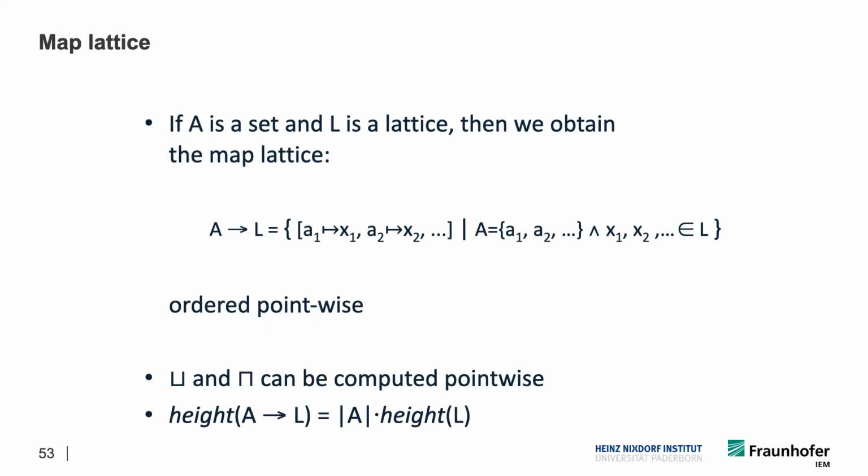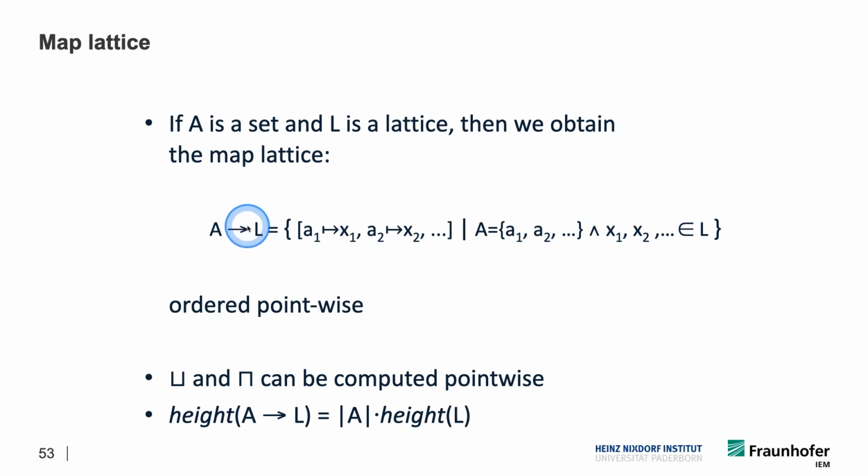We've also already talked about mappings, and you can actually very naturally form a so-called map lattice. So if A is a set and L already is a lattice, then you can obtain such a map lattice that maps from elements in A to lattice elements, right? So basically you have such a mapping here. And this is ordered just pointwise.